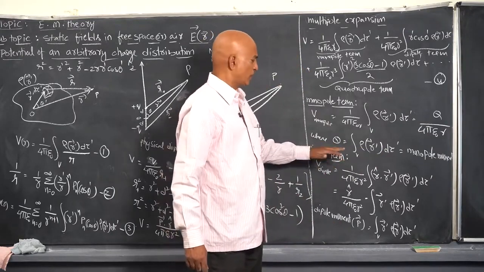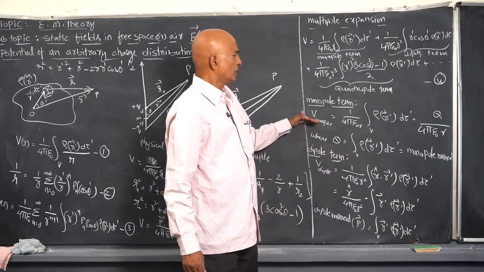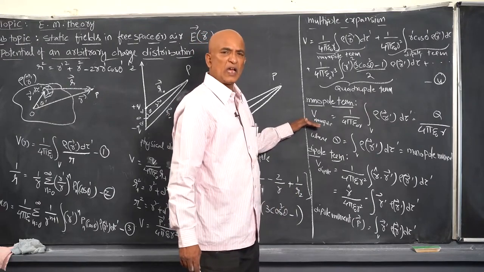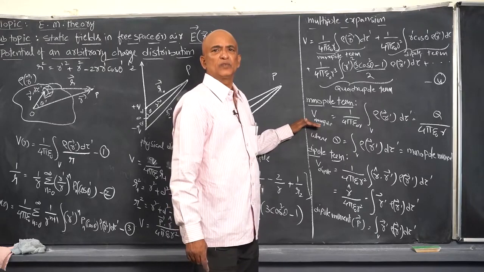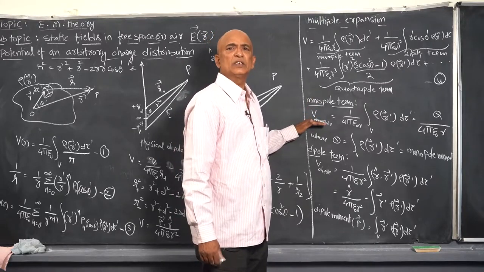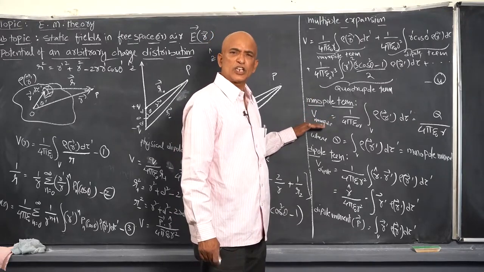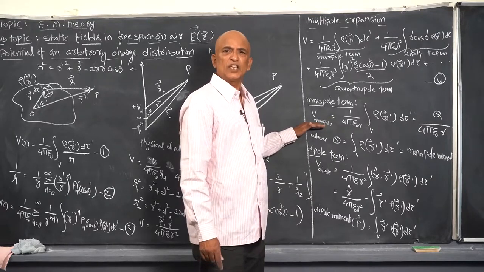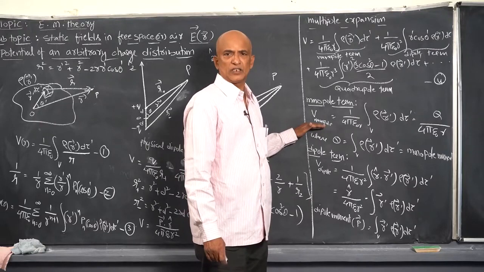This monopole term, if it is non-vanishing, is the dominant term and gives the largest contribution to the potential. If it is non-vanishing, then this term gives the approximate potential at large distances.